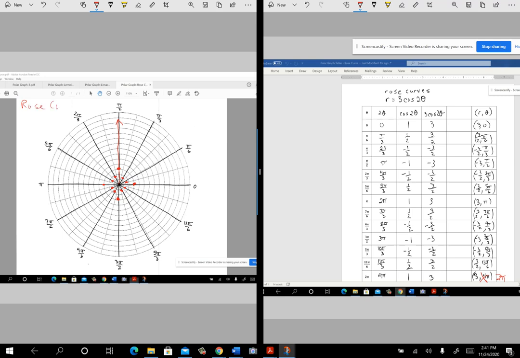This will turn out to be a rose curve, and what we're graphing is r equals 3 cosine 2 theta. And so it winds up really having these petals that look like this.